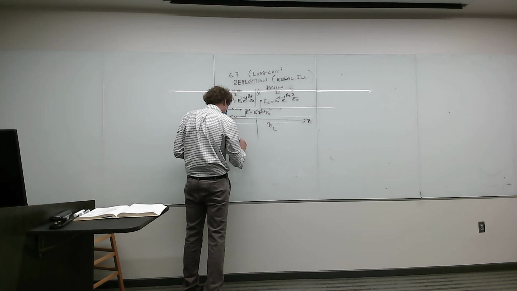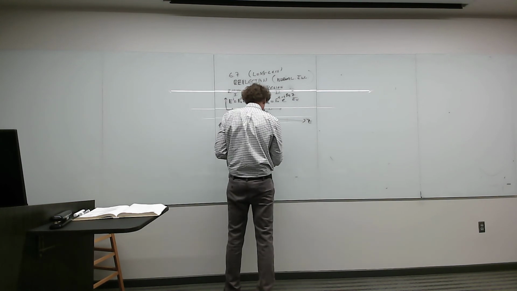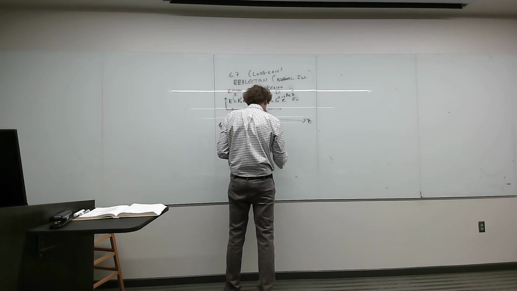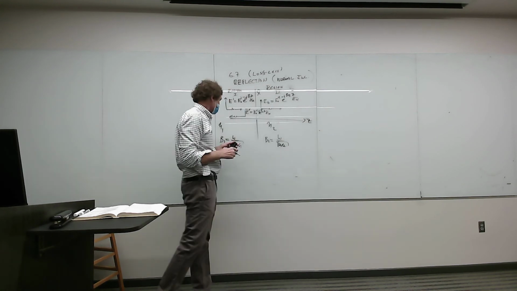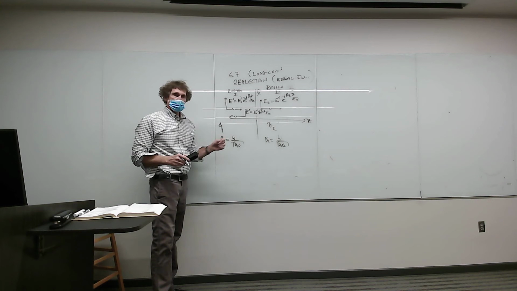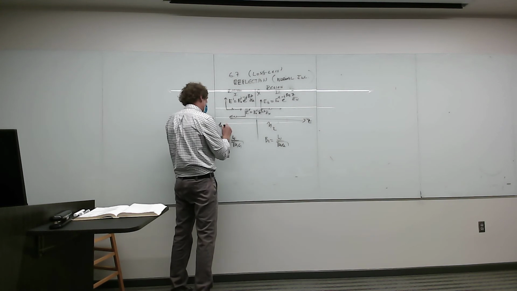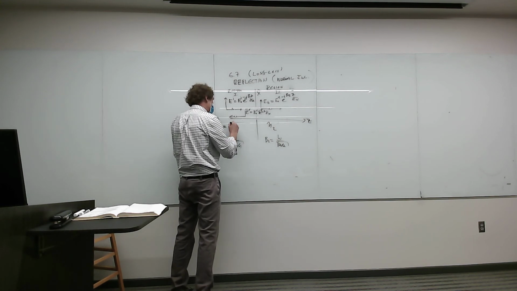mu1 epsilon 1. And this will have some beta 2 equal to omega square root mu2 epsilon 2. Now remember, these etas, I can put it in here, but eta is really equal to the square root of j omega mu over sigma plus j omega epsilon.